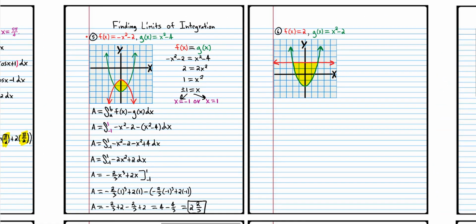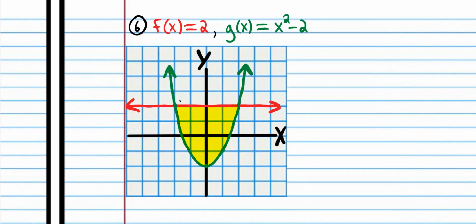So let's do another example. We have to find the area of the region that you see highlighted there, the yellow region, but we don't have any purple equations here that tell us the bounds. Now again, we can just look at the graph and say, well, of course it's going to be negative 2 and positive 2.